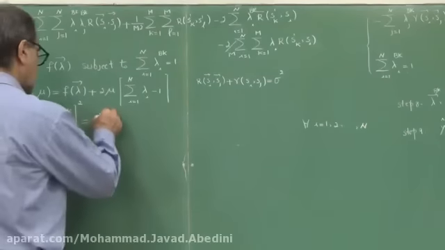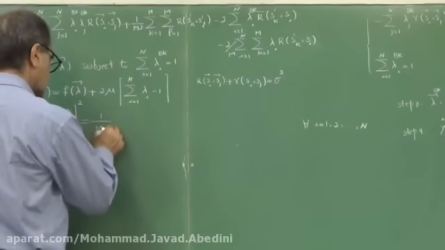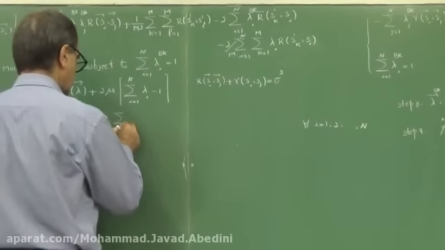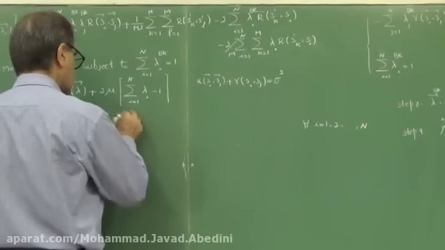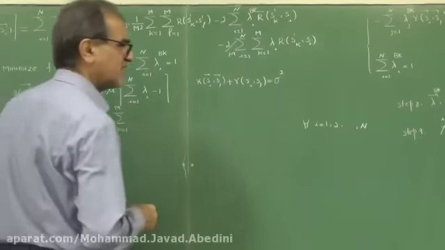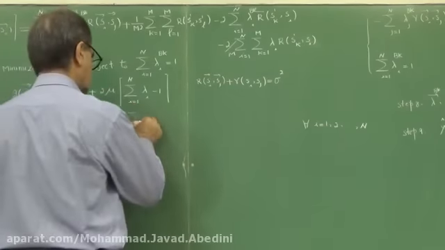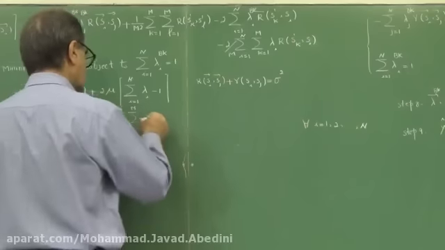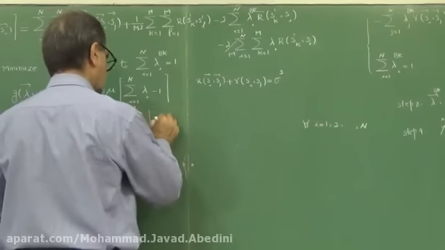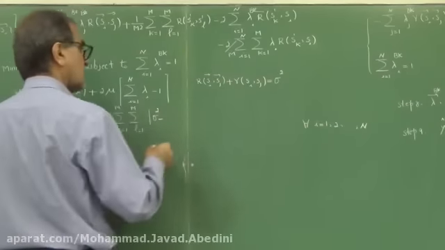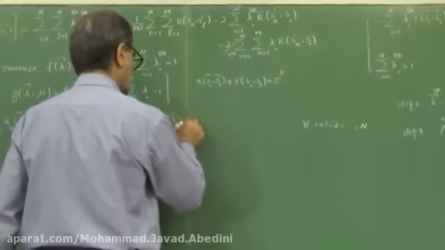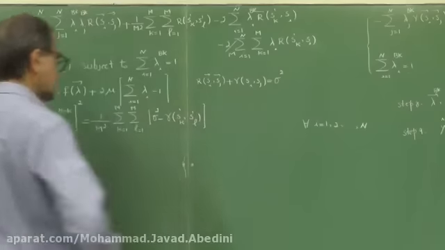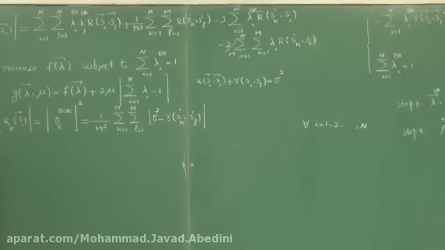It will become 1 over m square summation k from 1 to m, L from 1 to m, and then you would like to replace that one with S prime K, S prime L. This is how to replace R with gamma.